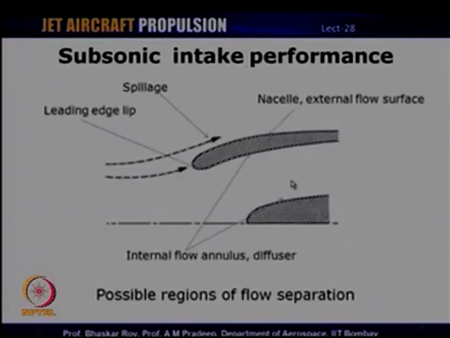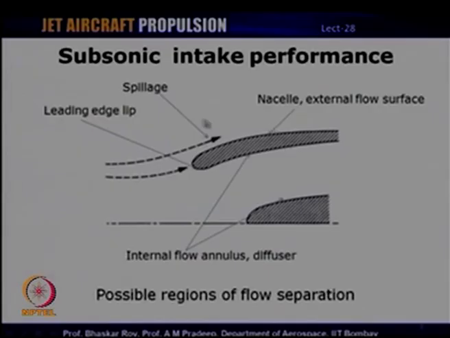So, this is just an illustration of where these flow problems might occur. This is the leading edge of the intake, which is the lip of the cowl, and this is the external surface of the nacelle.